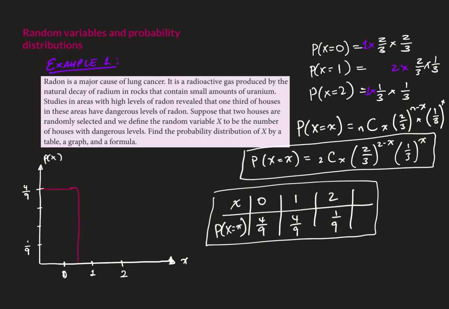So at 0, the probability is 4/9. For 1, the probability is also 4/9. And for 2, the probability is 1/9. So that would be the bar graph that represents this probability distribution, along with the table and the formula.